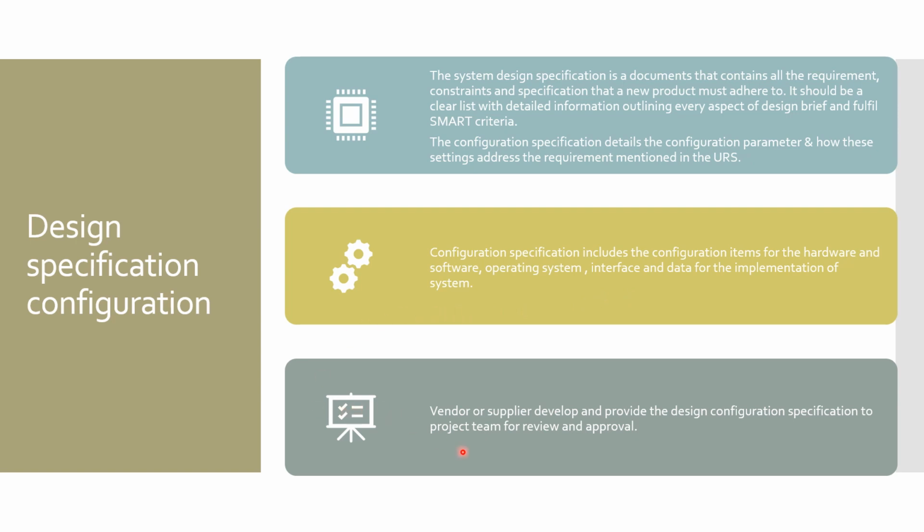Next, vendor or supplier develop and provide the design configuration specification to project team for review and approval. So once the supplier develops the design specification configuration, then it will be reviewed by the team to verify each requirement as per the customer requirement.